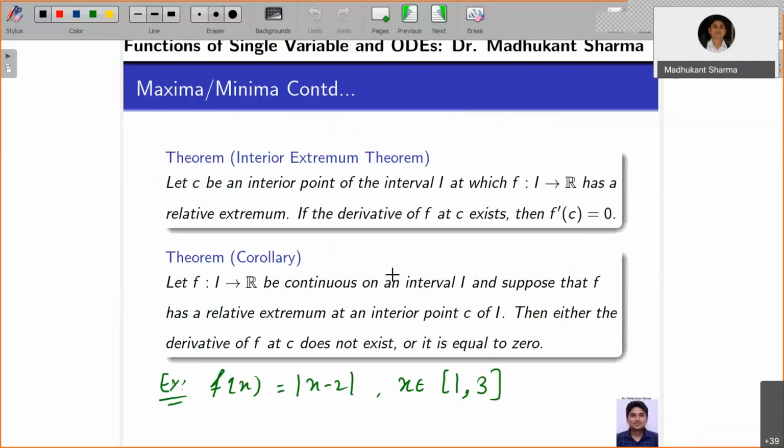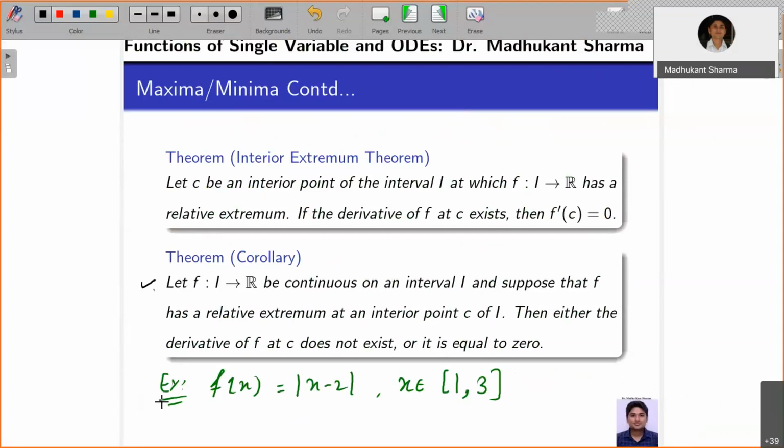So the second result is immediate. f is continuous, and suppose that f has a relative extremum at an interior point c of I. Then either the derivative of f at c does not exist, or if it exists, then it is equal to 0. So it includes the case that the derivative does not exist.